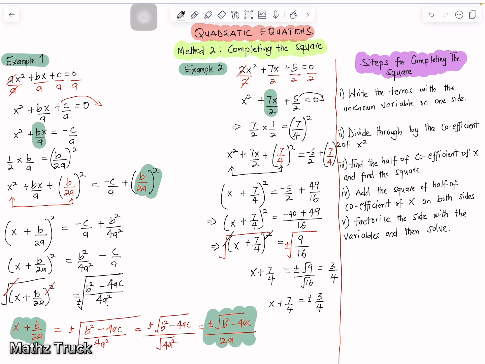Now, finding x, we can write x equals plus 3 over 4. Grouping the like terms, 7 over 4 will cross the equal sign. Since it is positive, when it crosses the equal sign, it becomes negative. So we have negative 7 over 4.